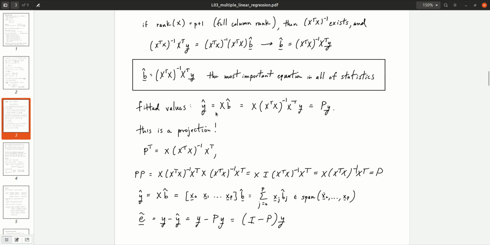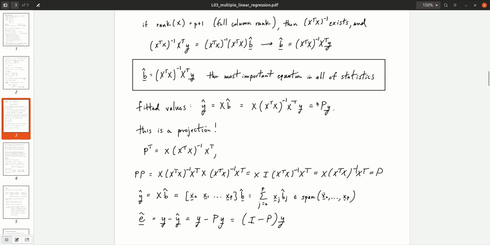And if we write this whole thing out in matrix form, we get the X, and then b hat is equal to X transpose X inverse times X transpose y. So you can think of this as a matrix X times X transpose X inverse times X transpose, that matrix times y. So let's call that matrix P. All I'm saying is P is equal to X times X transpose X inverse times X transpose.